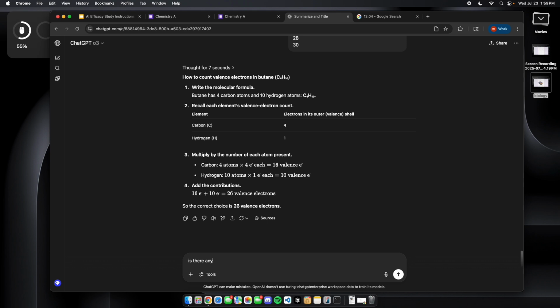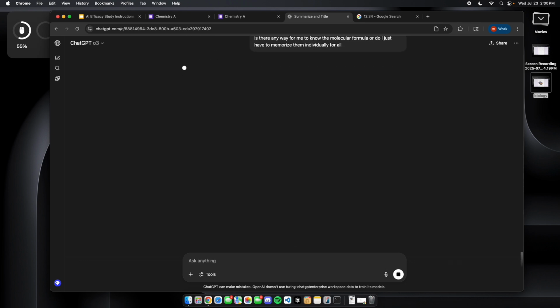Is there any way for me to know the molecular formula, or do I just have to memorize them individually for all? Just for all.